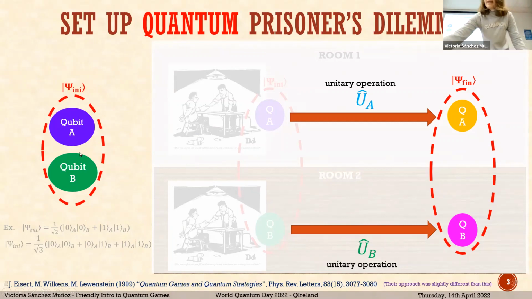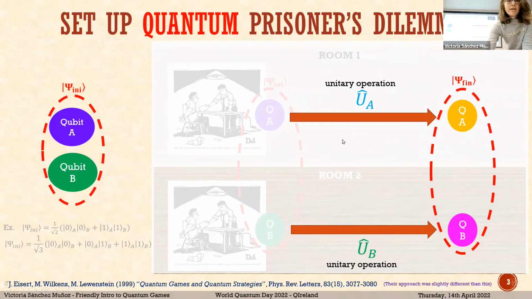Then quantum mechanics only allows certain kinds of operations on their qubits, and these are called unitary operations, which we denote by this U_A, which is the operation done by robber A, which is unitary, and the same for the second robber. Okay. So we have those two operations, and then they end up with a different final state.